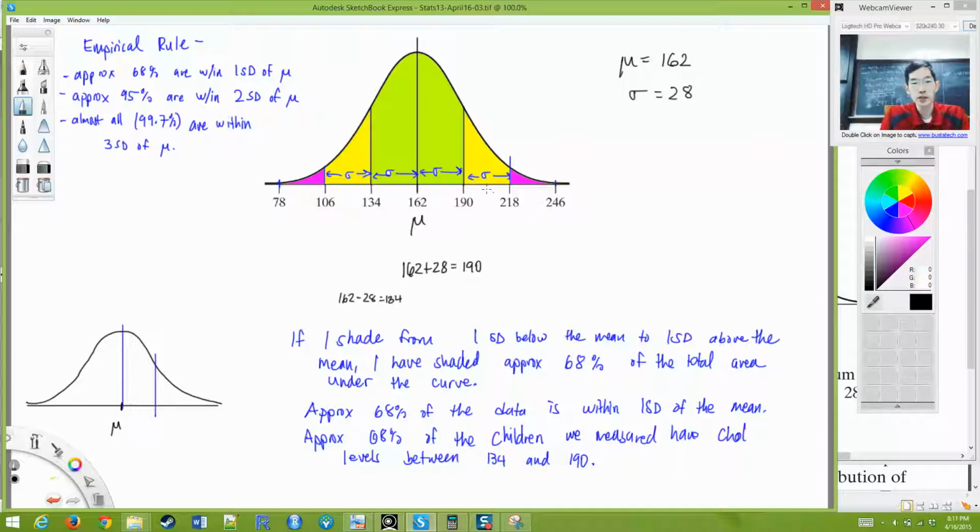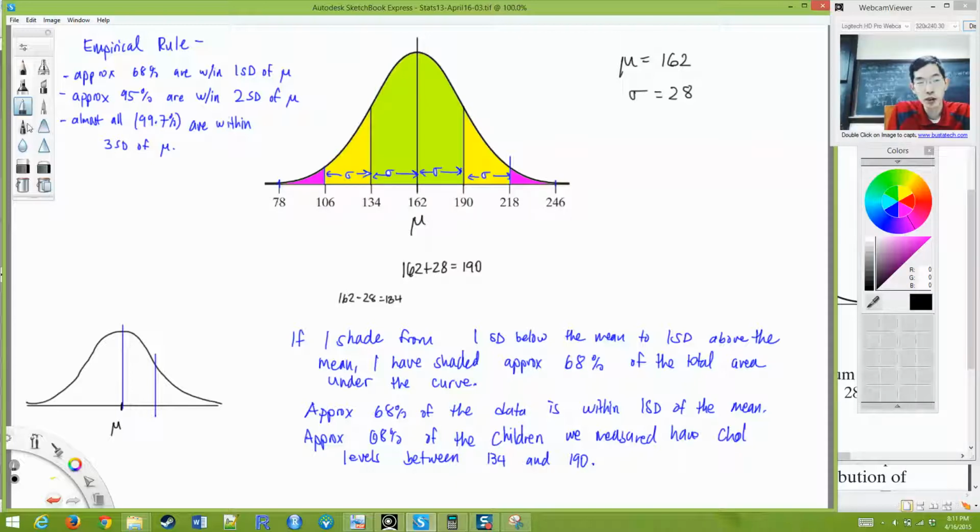Okay. And so the neat thing about the normal distribution is that they all have the same shape. And each normal distribution is distinguished from another by different values of the mean and different values of the standard deviation. Okay? So if we change the sigma to something else, we would have another normal distribution, but it would all have the same shape. Okay?